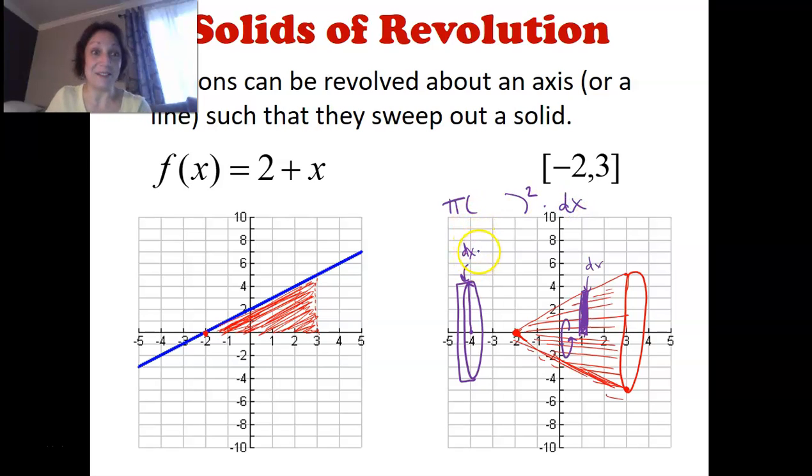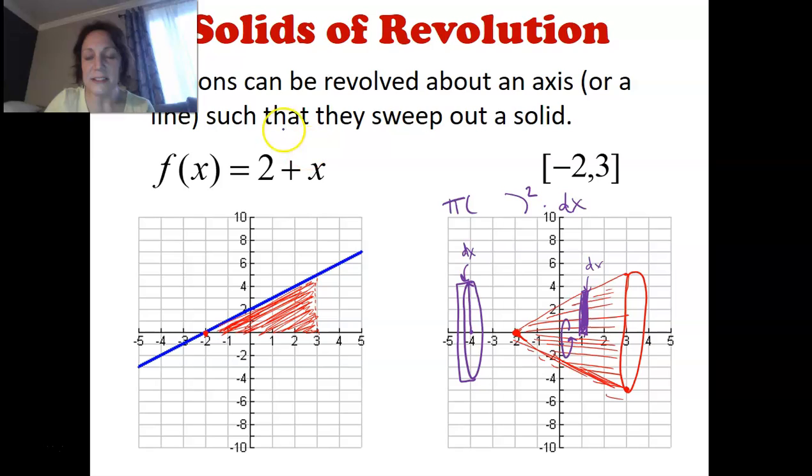So all I really have to do here, even if I can't picture what that whole solid looks like, is figure out what the radius of the cylinder is. In other words, write an equation for the distance between the center of your shape and the edge of your shape.